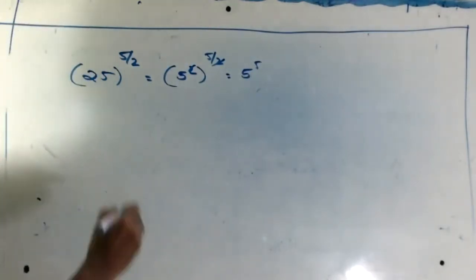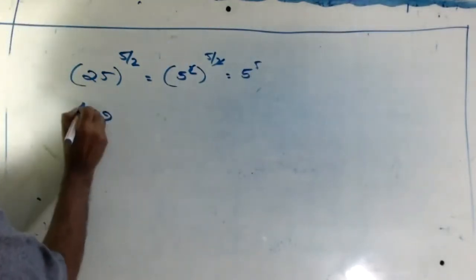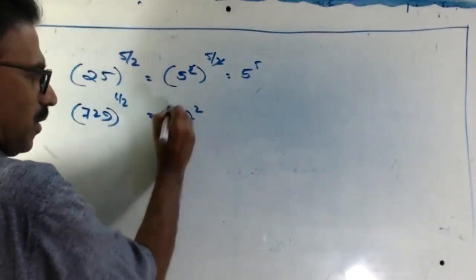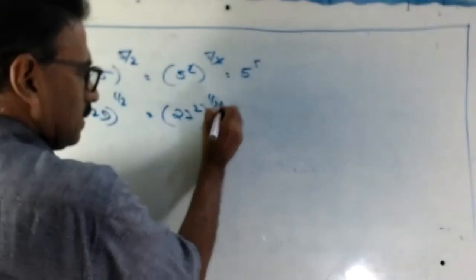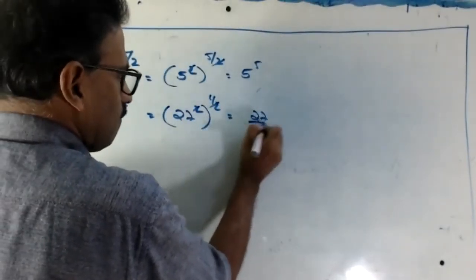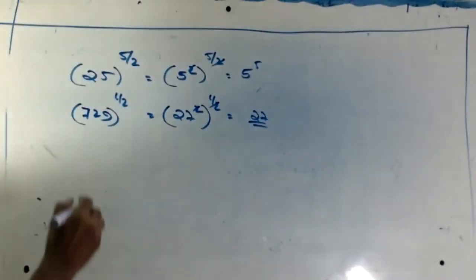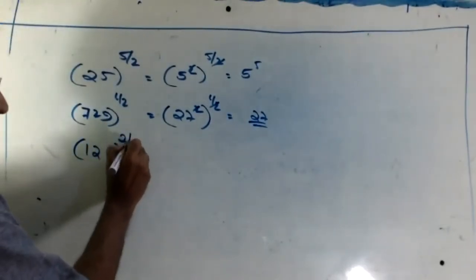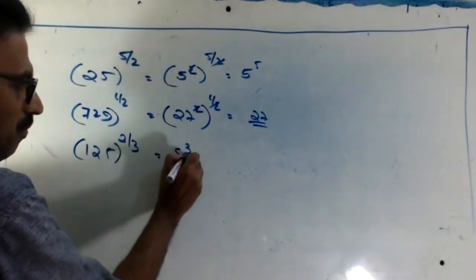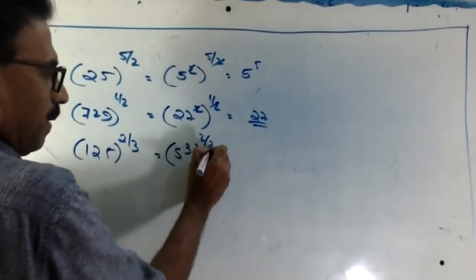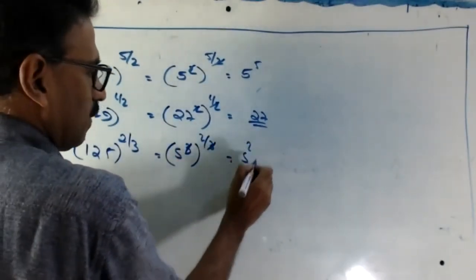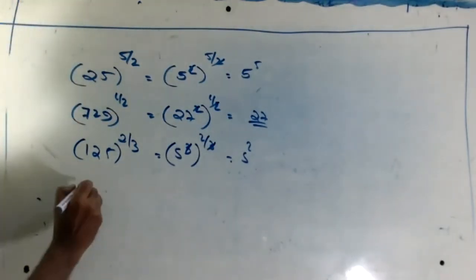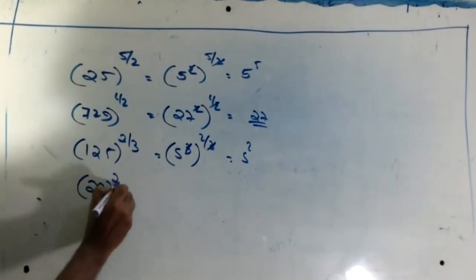Then 729, that is 27 squared, whole raised to 1 by 2, that is 27. Then 125 whole raised to 2 by 3, this is 5 cube whole raised to 2 by 3, equal to 5 squared. Then again 27 raised to 2 by 3.